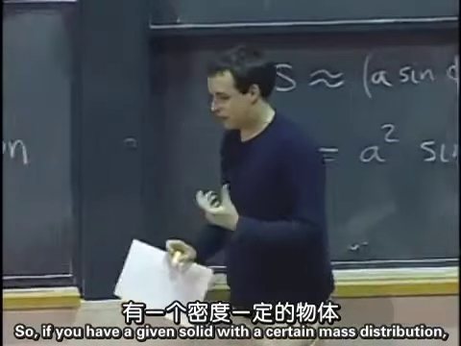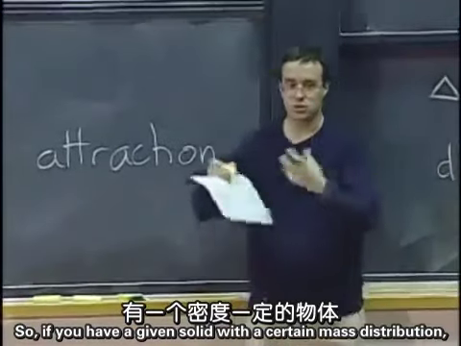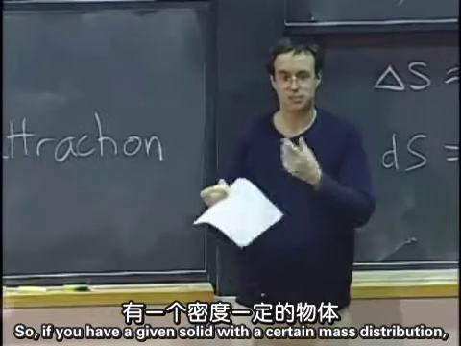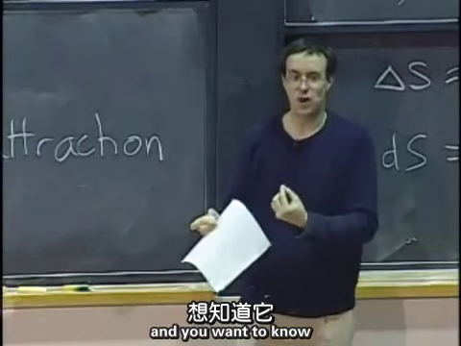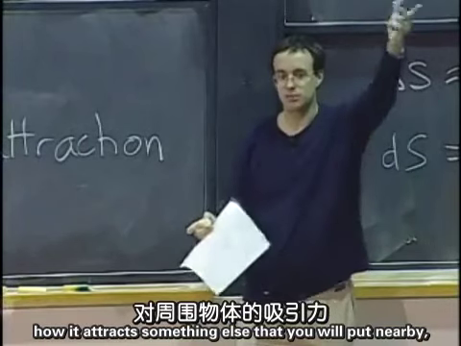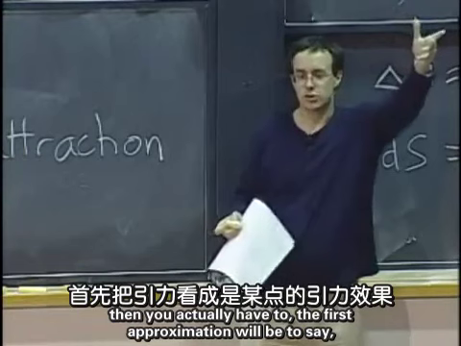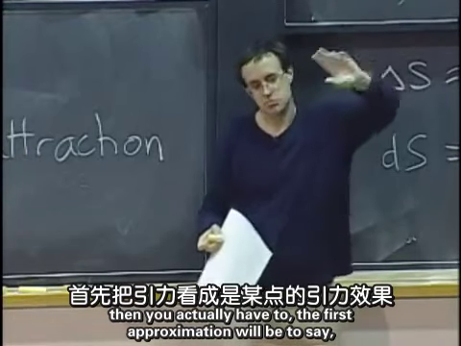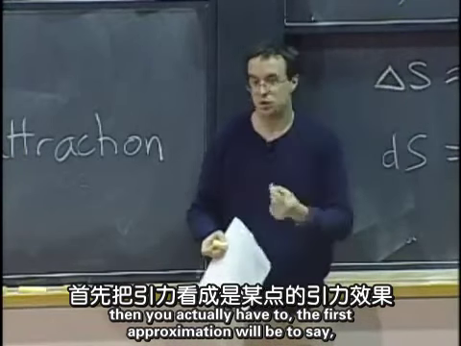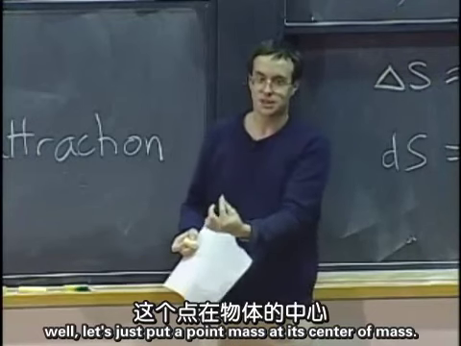So if you have a given solid with a certain mass distribution, and you want to know how it attracts something else that you will put nearby, then the first approximation would be to just say, well, let's just put a point mass at its center of mass.